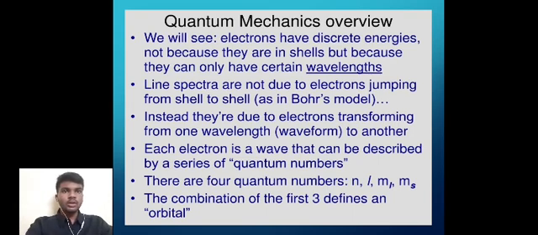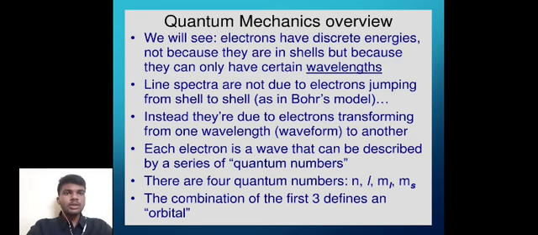Quantum mechanics overview. We will see electrons have discrete energies not because they are in shells but because they can only have certain wavelengths. Line spectra are not due to the electrons jumping from shell to shell as in the Bohr model.